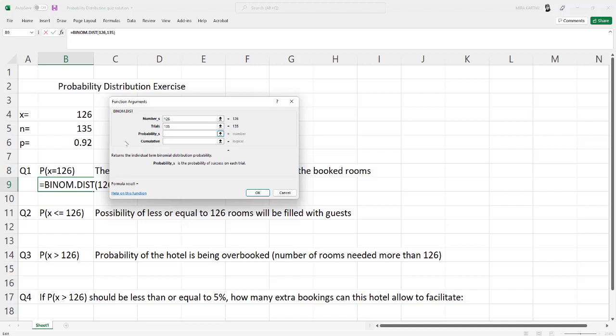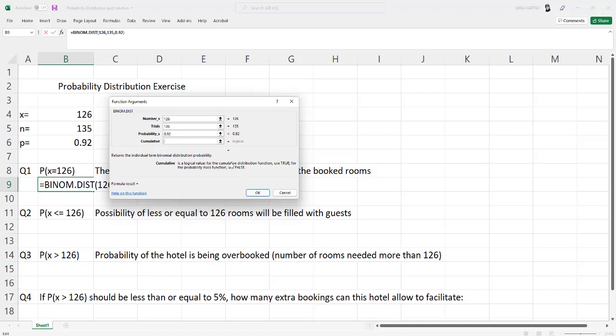Based on the past sample, we have 92%, which is 0.92. This is the 92% probability of them actually turning up for the rooms that they have booked. And in here we have something called cumulative, which is a logical value, true or false.